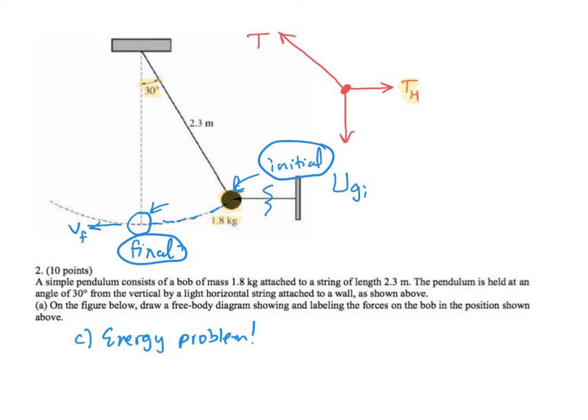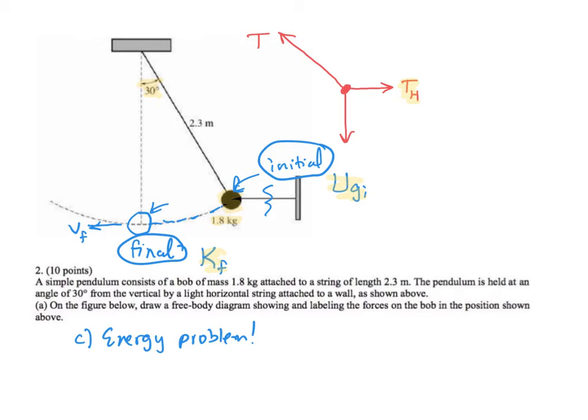So we're trying to calculate that final velocity. There's definitely kinetic energy because it's moving. And at the same time, I would say your lowest point should be your reference UG 0 point. So I'm going to say no UG at the end. So all of the UG at the beginning, 100% of this is converted to kinetic energy at the end.